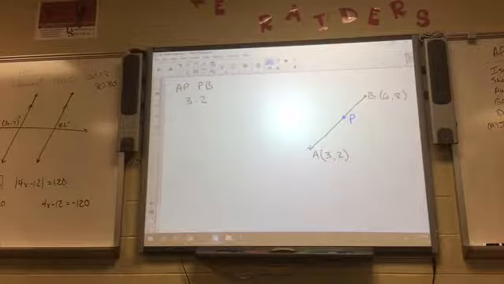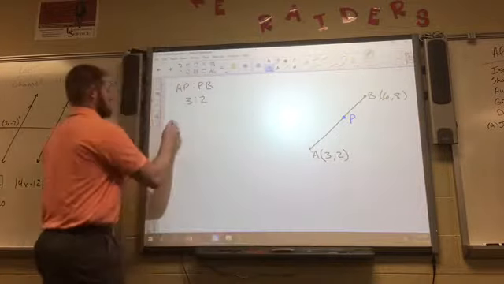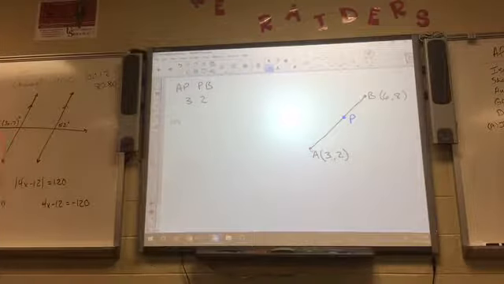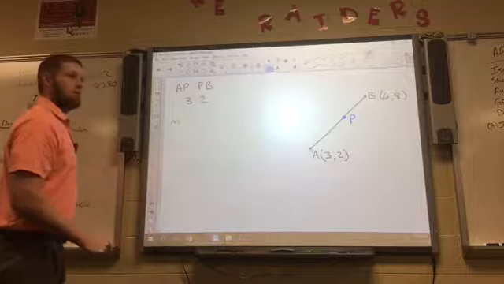So, the first thing we have to do to be able to do this is we have to know the slope of line segment AB. What is the slope formula? Mx plus b? That's slope-intercept form. That's the equation of a line. That's what we did yesterday. Just the slope formula. Is it just rise over run?